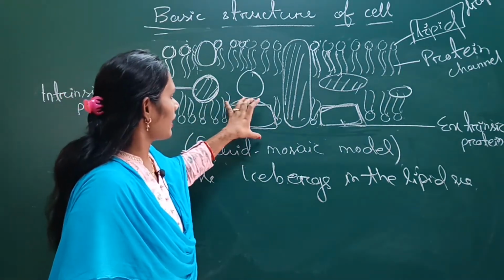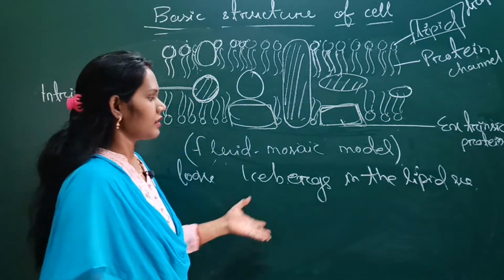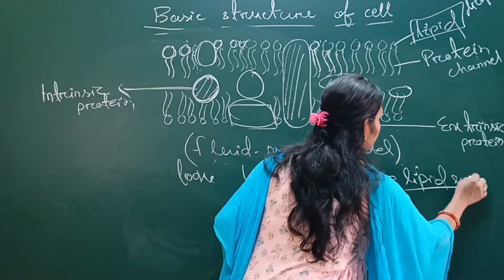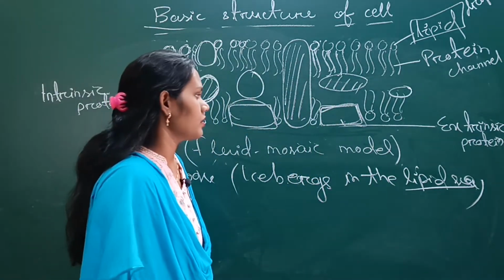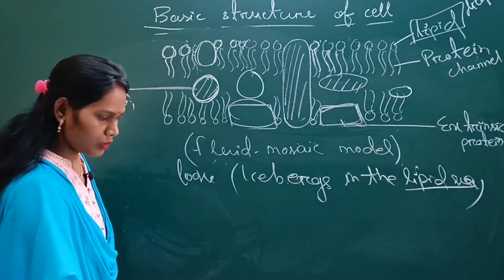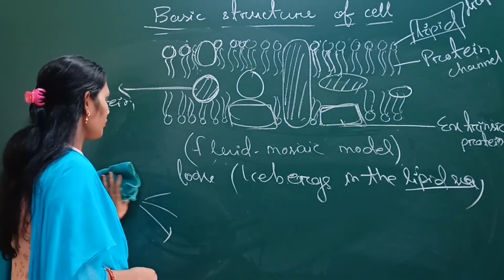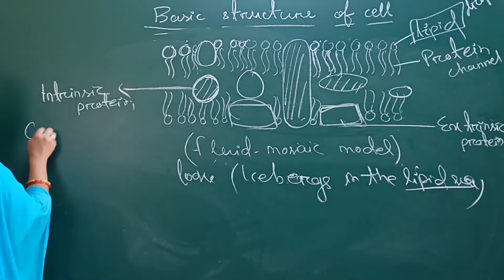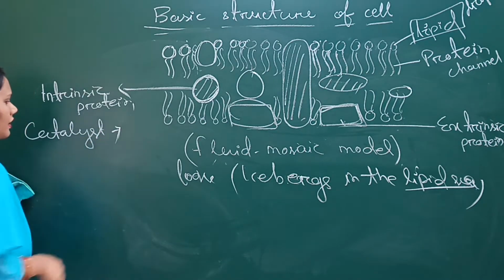So this looks like an ice box which flows in the sea, the lipid sea. This is proposed by Singer and Nicholson in 1972. These proteins can function as catalysts. What is the function of a catalyst?